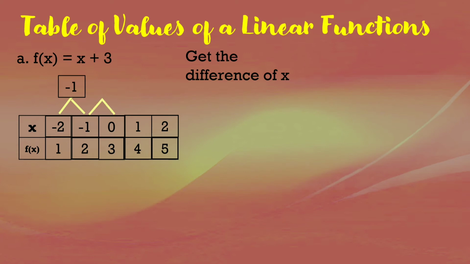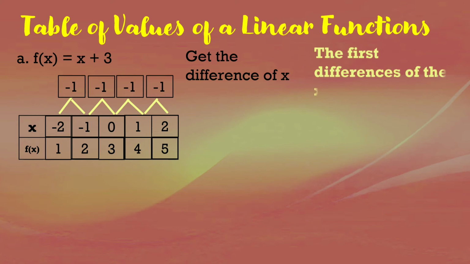Negative 1 minus 0 is negative 1. 0 minus 1, we have negative 1. And 1 minus 2, we have negative 1. So, the first differences of the x-coordinates are equal. They are all negative 1.